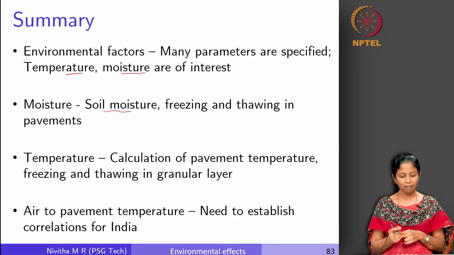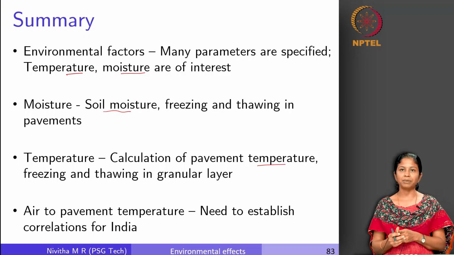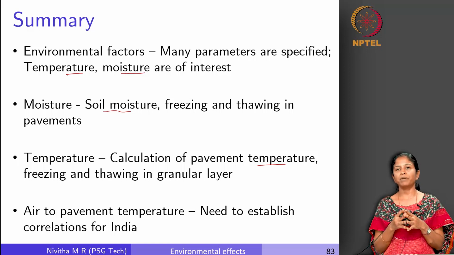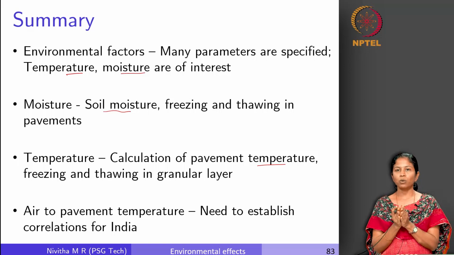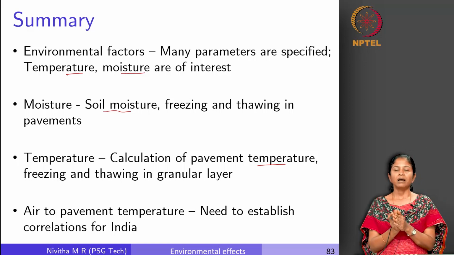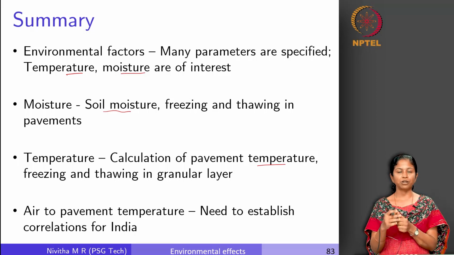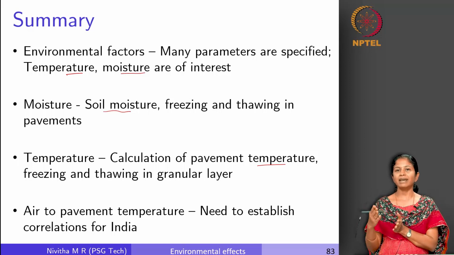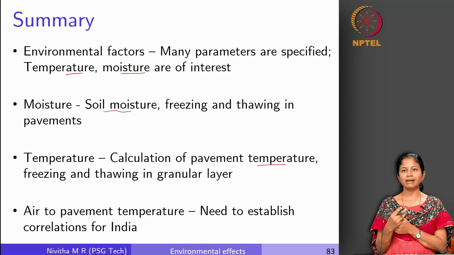When we come to the temperature aspect, we use temperature to calculate the pavement temperature and determine the appropriate variation in modulus. Once we know the pavement temperature information, we will be able to calculate the corresponding dynamic modulus and also quantify the variation with depth and time duration, basically the aging of the pavement, which is another environmental aspect affecting the modulus value.